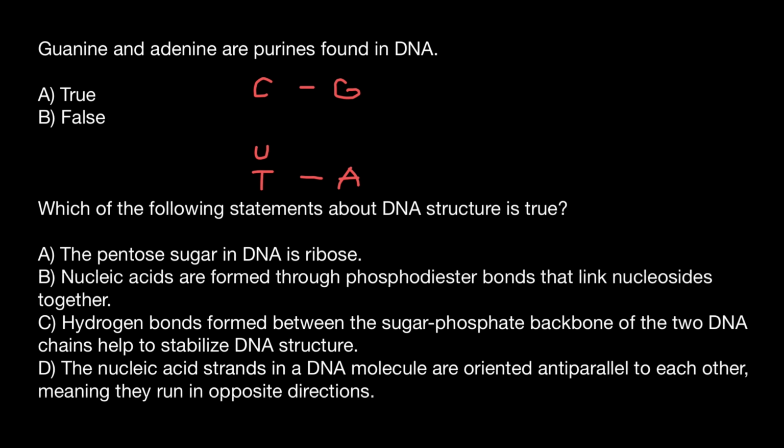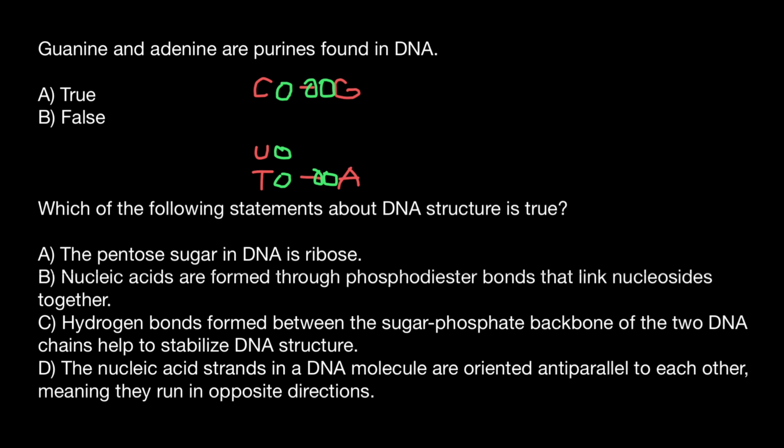You also probably know that some of the bases have a single ring structure and some have a two ring structure. So for the word CUT we have bases with a single ring in their structure. And of course that means that for guanine and adenine we have molecules that are made of two rings.